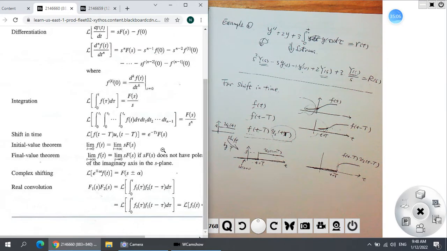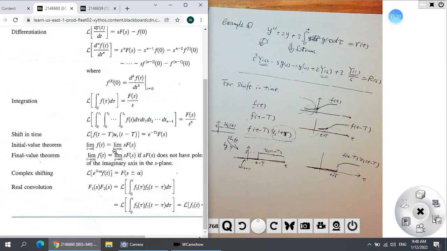Now look at the next. Next is what we call the initial value theorem. The limit as t goes to 0 of f of t: what is this limit value? It is, when s goes to infinity, s times F(s). Here should be s go to infinity.